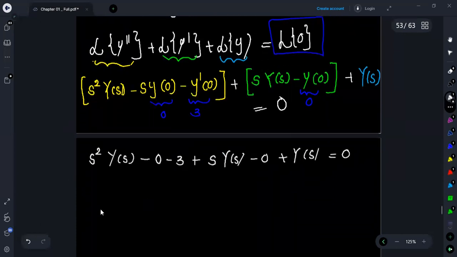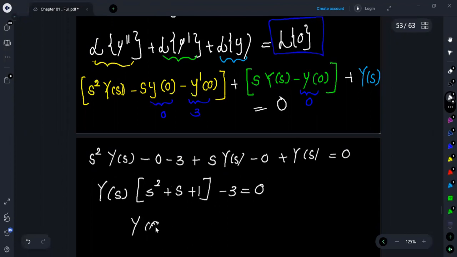Once we have obtained this, we have to make capital Y of s the subject. Taking Y of s as a common factor, we get Y of s times (s squared plus s plus 1) minus 3 equals 0. So Y of s equals 3 over s squared plus s plus 1.